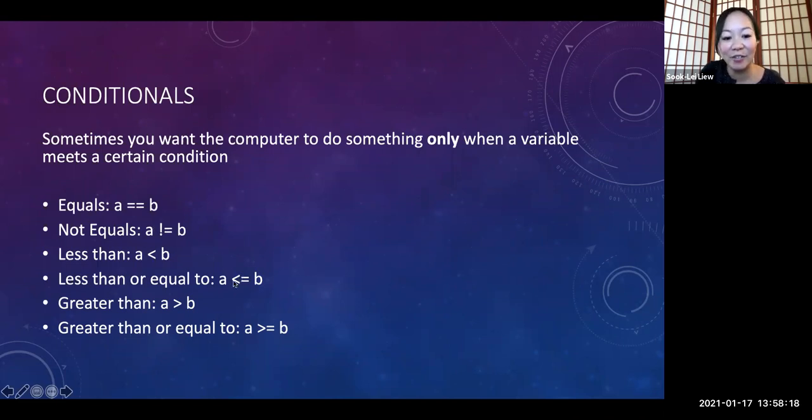Less than and greater than, I think you're familiar with. Less than or equal to would just be the less than sign with an equal sign, and vice versa. So hopefully these aren't that new to you. Maybe the double equals and the not equals are a little bit newer. But these are essentially things when you want the computer to do something only when it meets a certain condition.